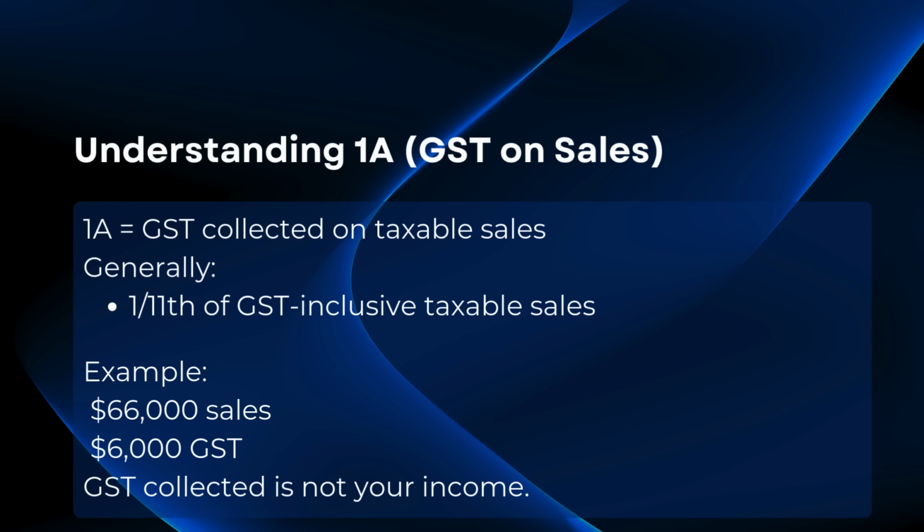Before confirming 1B, you need to check: have all your business expenses been entered? Are transactions coded correctly? And do you have tax invoices for your larger purchases? Incorrect coding can either overstate or understate your GST credits.